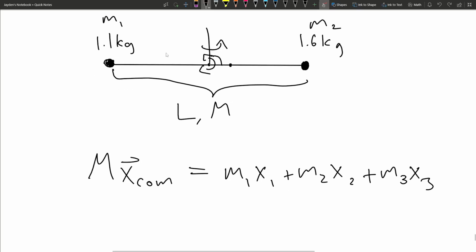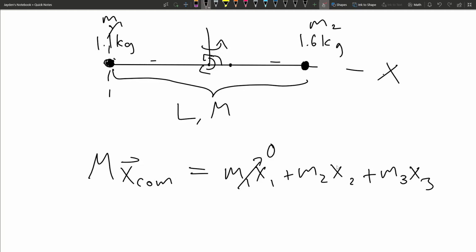Let's just say that this is the coordinate plane, x and y. Y is not really important, so let's just look at x. So the center of mass is just going to be m1 x1, which is at 0.